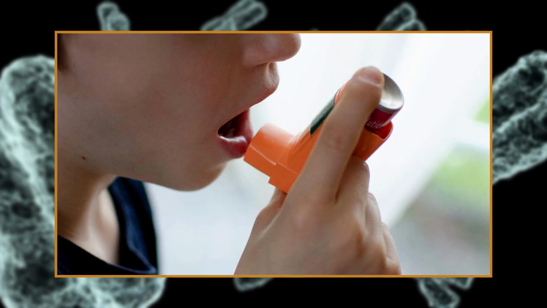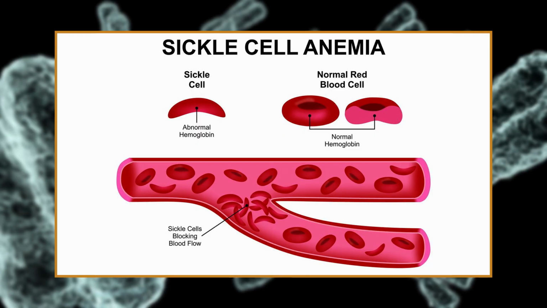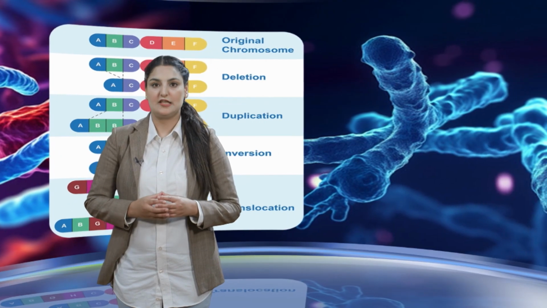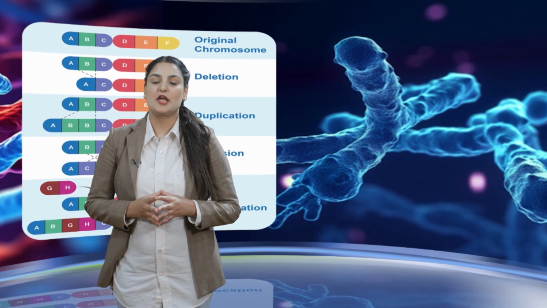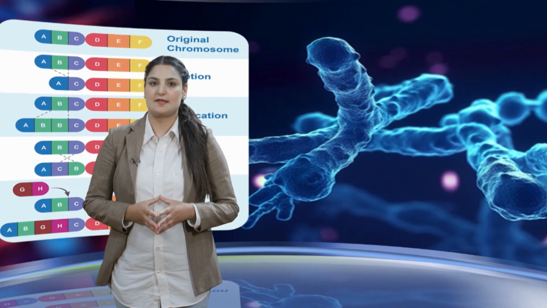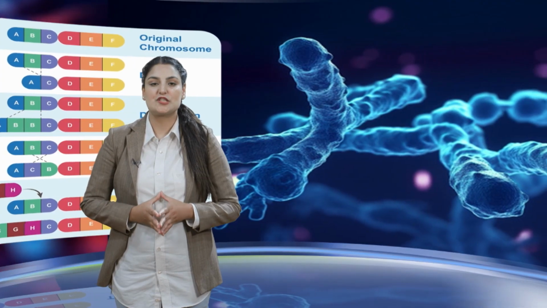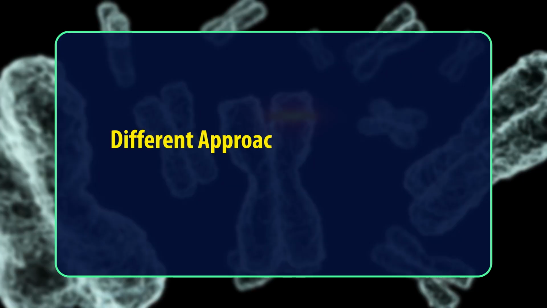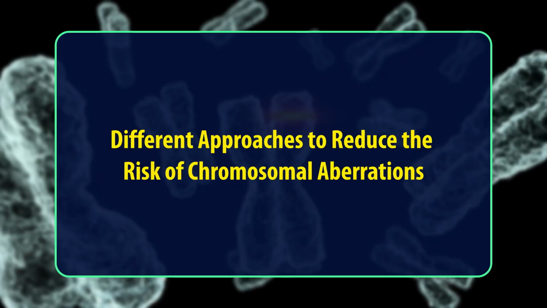Diabetes, asthma, and sickle cell anemia can also be influenced by chromosomal or genetic mutations. For example, sickle cell anemia is common among individuals of African descent and affects red blood cell shape and oxygen transport.